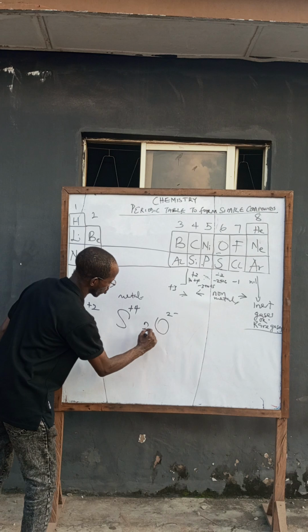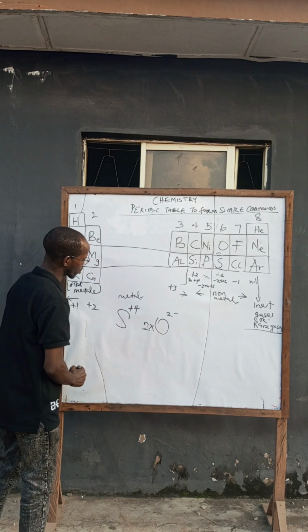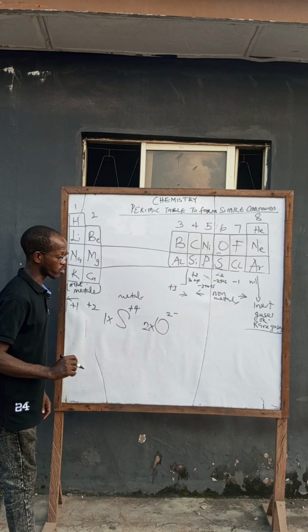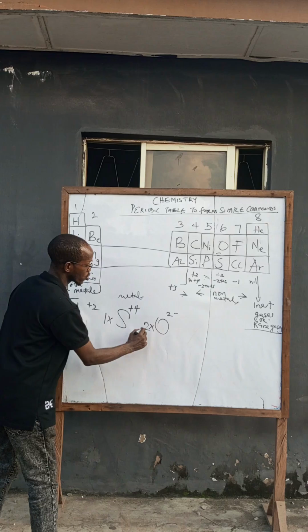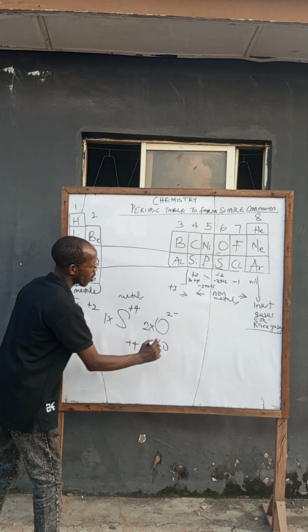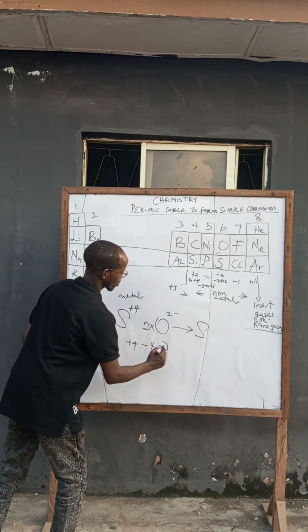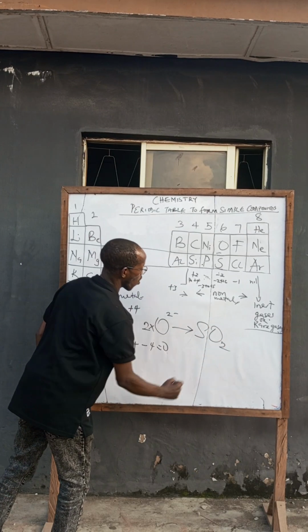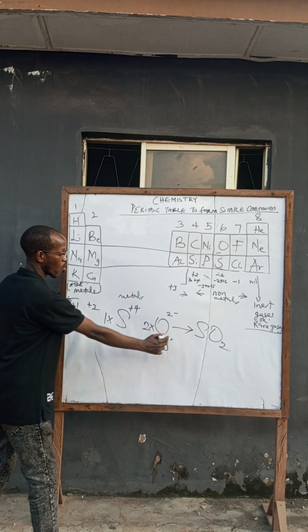Multiply the oxygen by 2 so it occurs twice, and multiply sulfur by 1 so it occurs once. So you have 1 times +4, which is +4, and 2 times -2, which is -4. We have what? 0. So if you want to write this compound, you write S and O for oxygen, not zero. SO2.